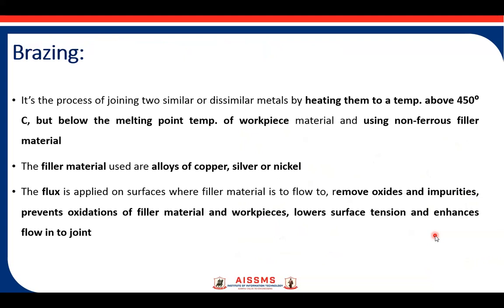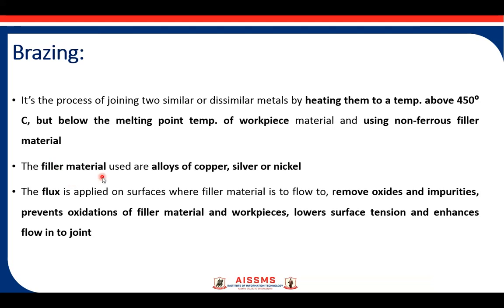The next type of the welding process is the brazing. It is a process of joining two similar or dissimilar metals by heating them to a temperature above 450 degrees Celsius but below the melting point temperature of the workpiece, and using non-ferrous filler material.